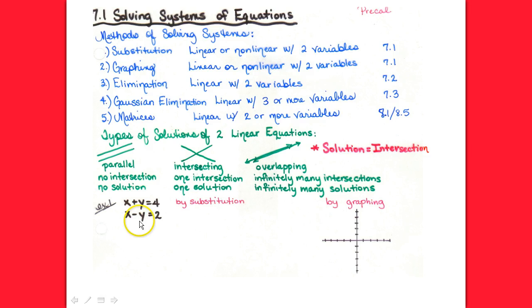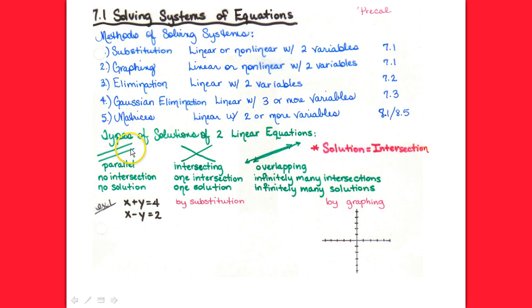Then if I were to graph x minus y is equal to 2, every single point on this line would be a solution for that equation. So if I'm looking for the one solution that works in both equations, it's got to be this one little point right here, because that's the only one that is on both of those lines. So my solution to the system would be the intersection of the two lines. And so again, that's our key: solution equals intersection.